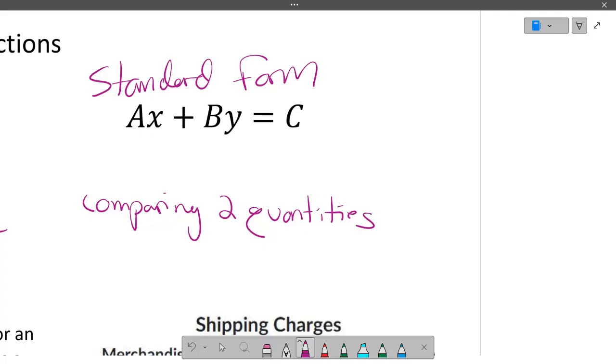So we'll have quantity 1 and quantity 2, and then C represents a total or a final or a combined amount. That's what the standard model is used for.